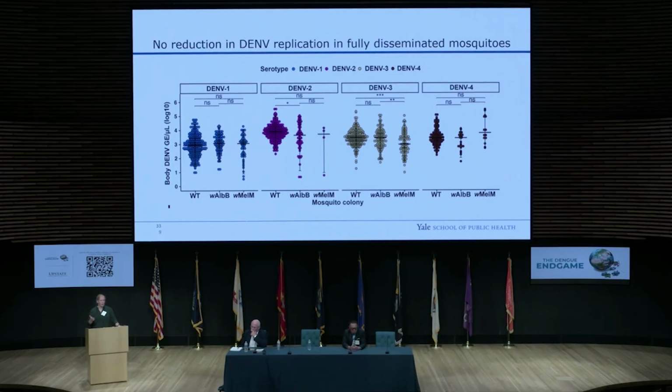There might be some slight differences in the median between groups, but overall you can see that the range of these titers is pretty similar for the different serotypes and between the different combinations. And so that is interesting. That means that if the virus is able to escape from the midgut, we still see good replication despite presence of the two Wolbachia strains.